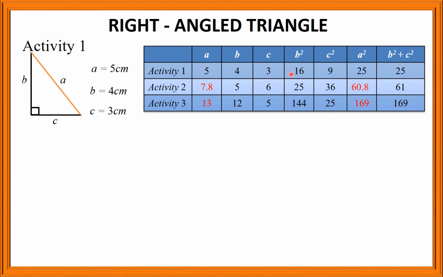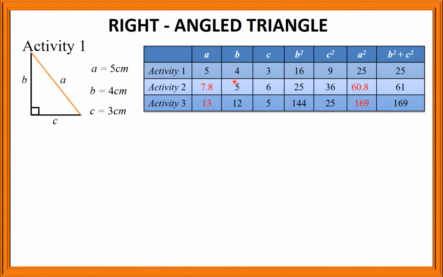When we square B, that gives us 16. Square C, that gives us 9. Then when we square A, that gives us 25. Now when we add B squared and C squared, that gives us 25. Let's come to the second activity.